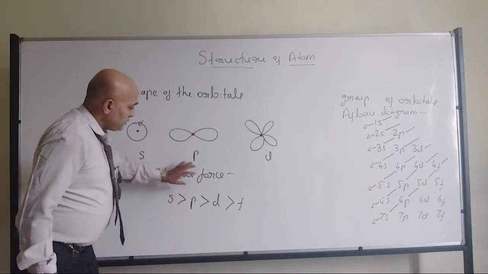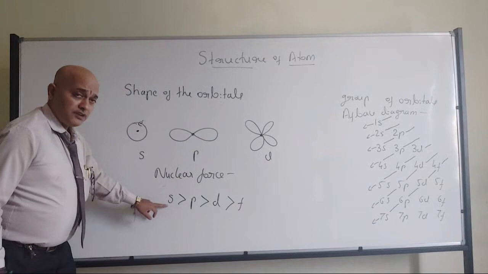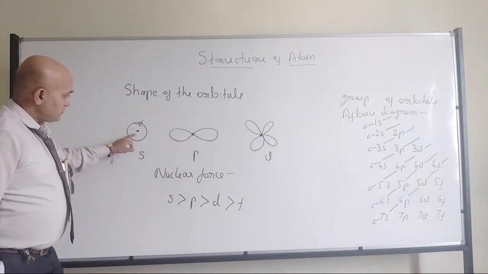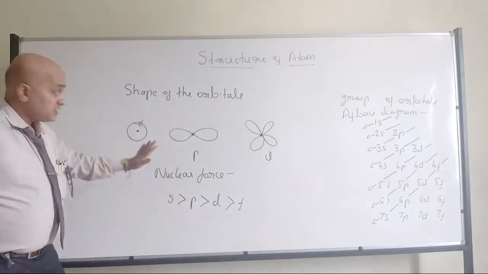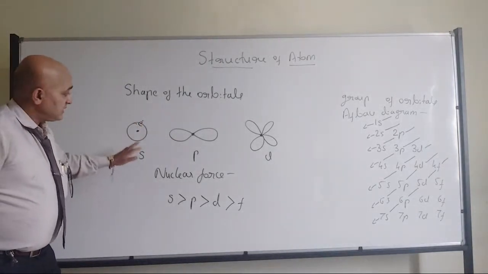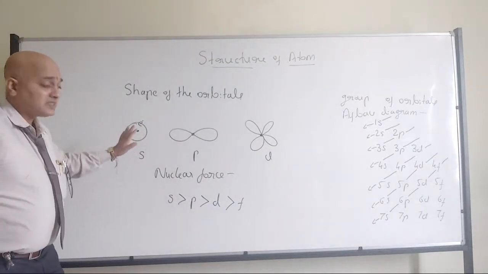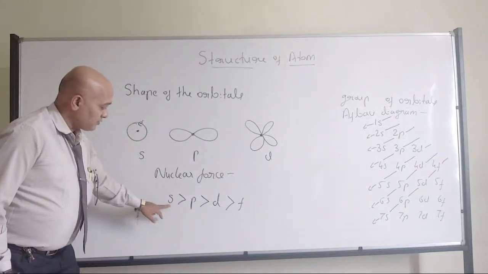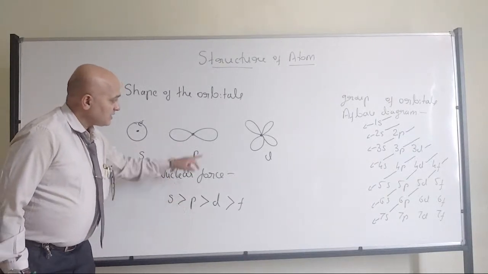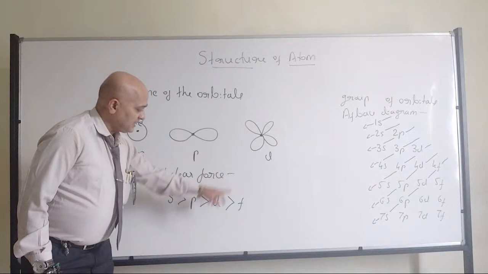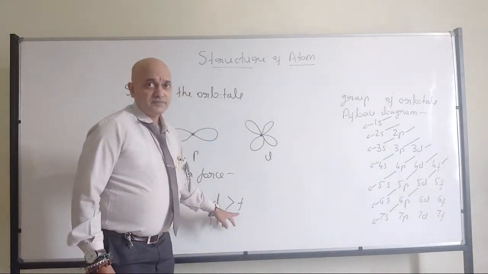So with respect to the nuclear force, I can tell that s subshell electrons will feel more nuclear force because of the spherical shape. I mean not the shape of the electron, but the shape of the orbital. Since s subshell electrons are at a constant distance from the nucleus, they will feel more nuclear force compared to electrons in the p subshell, the d subshell, and the f subshell.